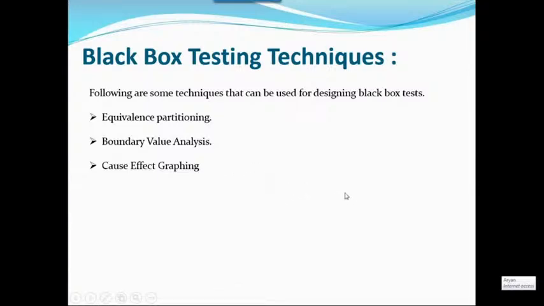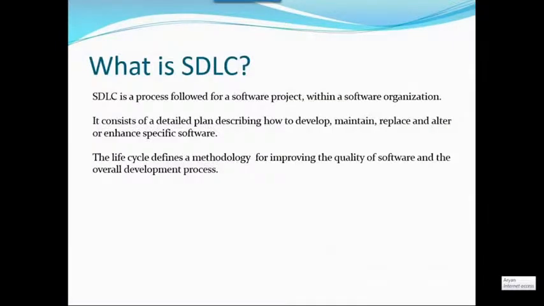We will test it based on the requirements and the functionality. BVA is nothing but boundary value analysis. We need to take the requirements like the minimum value and maximum value. We need to take minimum value -1 and maximum value +1. Understanding, right? That's one of the most important ones.